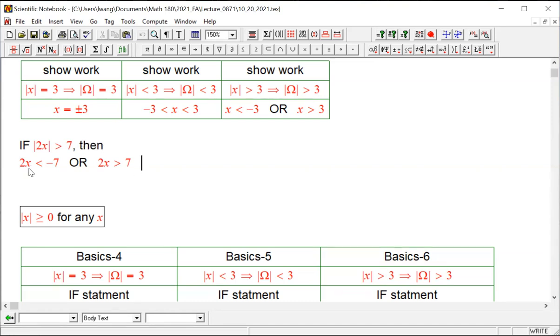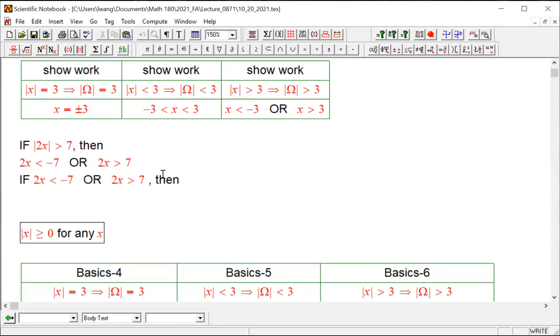And then we say if, then. And what will be the then?